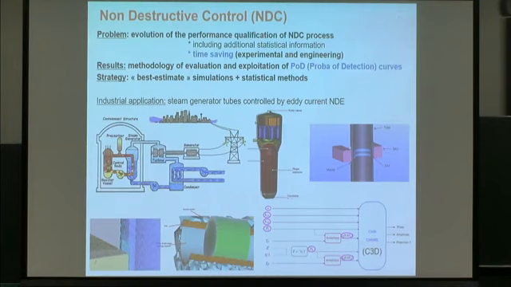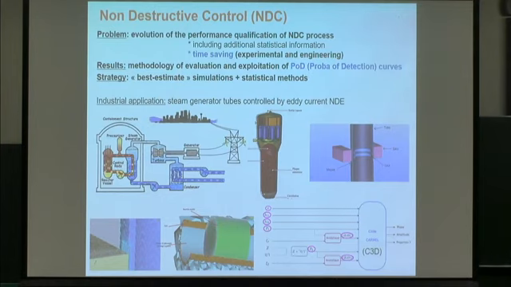It creates some defects, and with the years, sometimes the defect is too large. Maybe you can see the defect here, and we have to block the tubes because the tube can fail if the defect is too large.